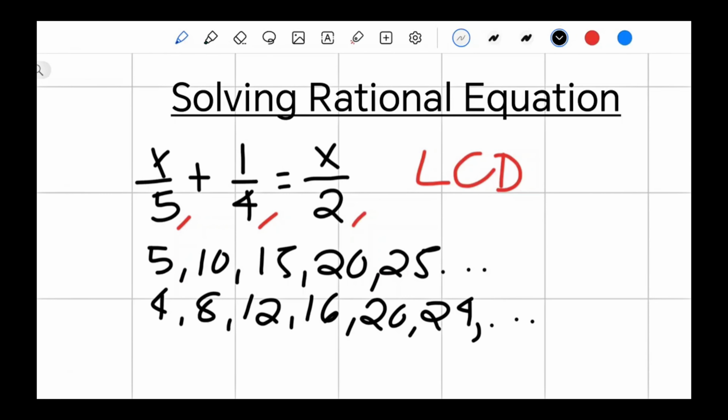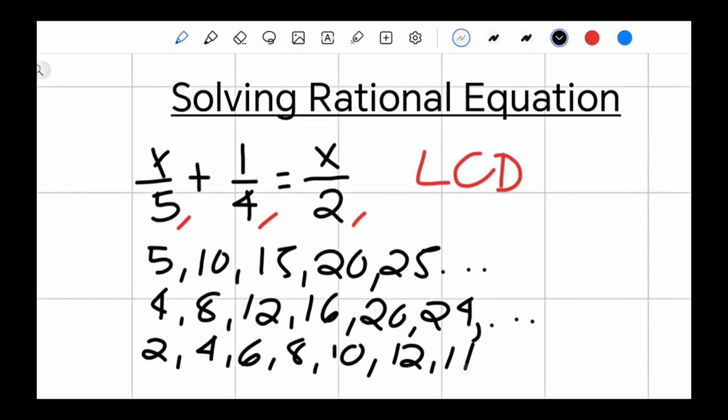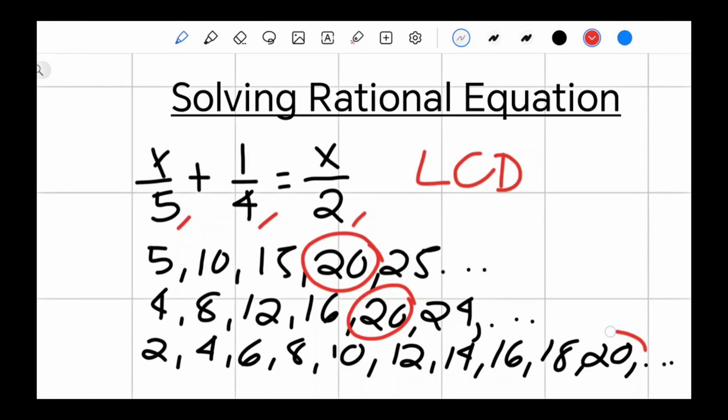While the multiples of 2 are 2, 4, 6, 8, 10, 12, 14, 16, 18, and 20, and so on. Okay, as you can see, the common multiple is 20. We can say that the least common multiple is 20.